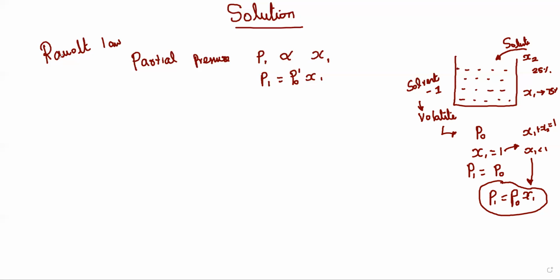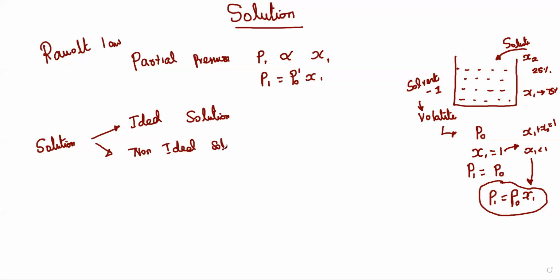So based upon the behavior of the solution according to Raoult's law, in that manner only we are going to classify solutions into two categories: one is the ideal solution and the other is the non-ideal solution. The name itself clearly says ideal solution.